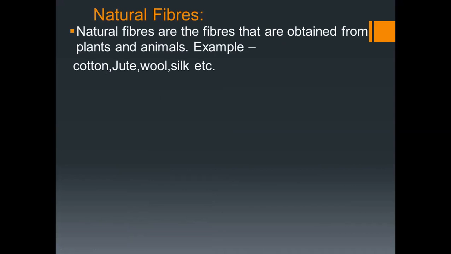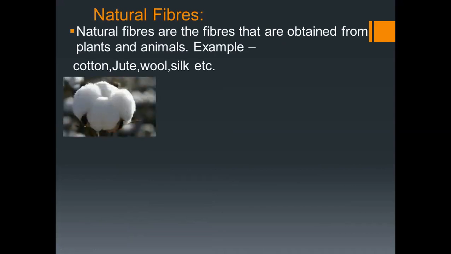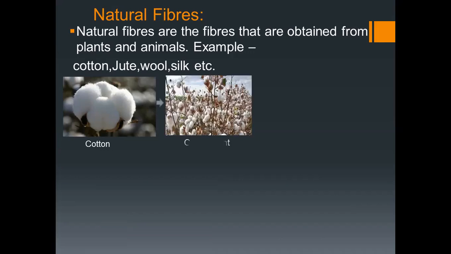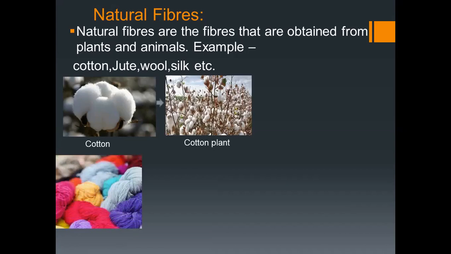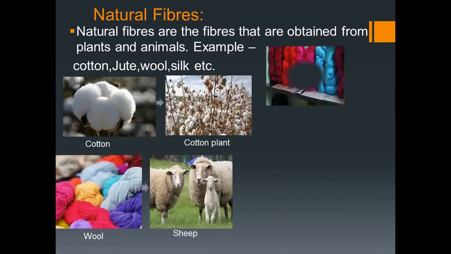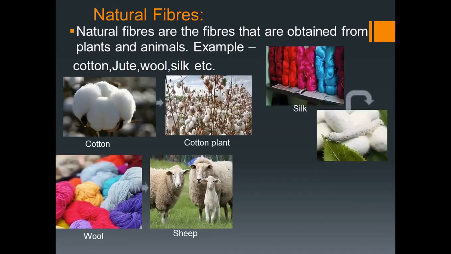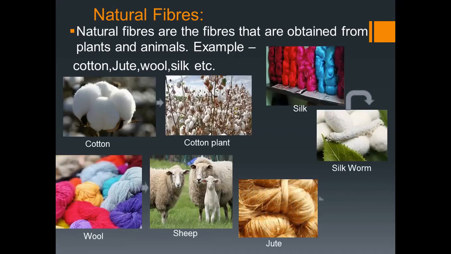Example: cotton, jute, wool, silk, etc. We get cotton from cotton plants, wool from sheep, silk from silkworm, and jute from jute plants.